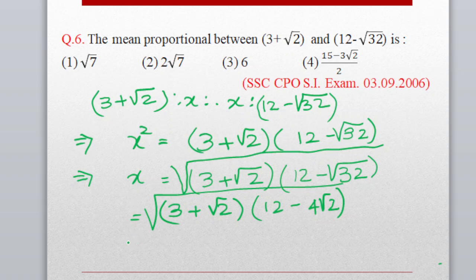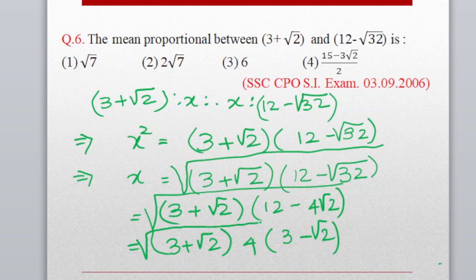So here this is equal to 3 plus root 2 into, we can take 4 as common, so it is 3 minus root 2, root over.